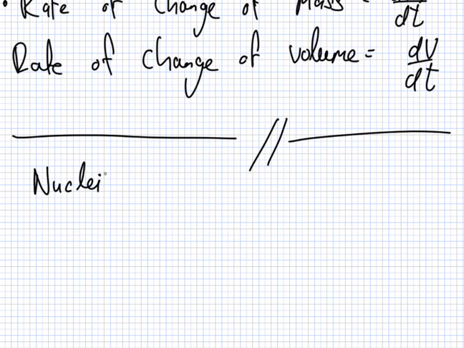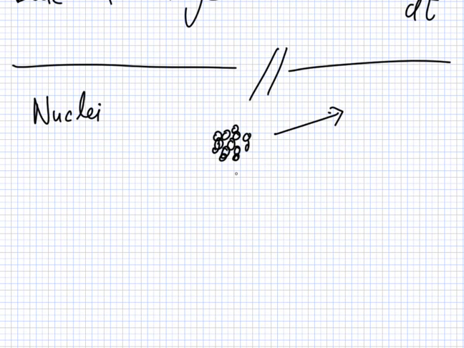You know nuclei from chemistry. Everybody does chemistry. Okay, so here's my nucleus made up of its nucleons, protons and neutrons inside it. And what's happening here is the protons and neutrons are leaving. So we shall use n to represent how many protons and neutrons we have.